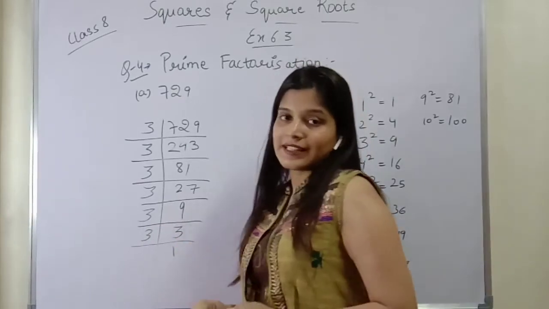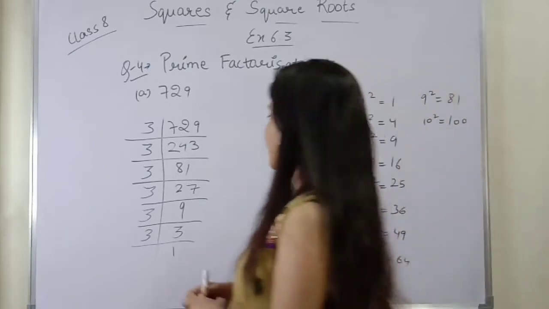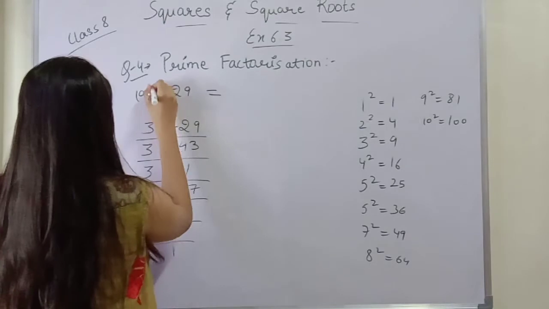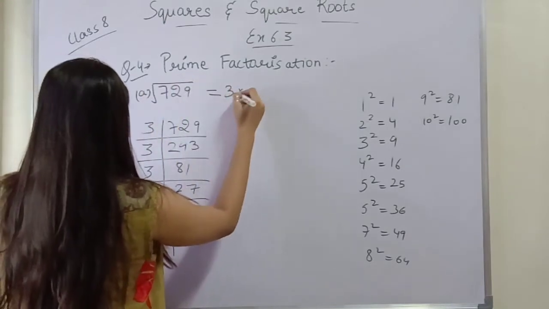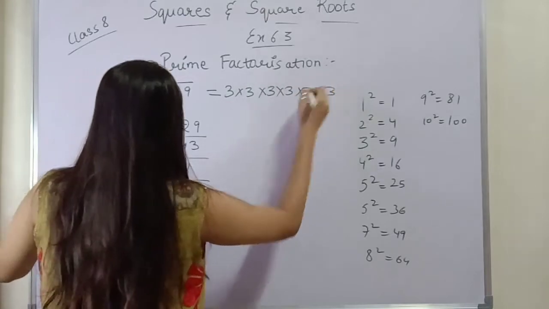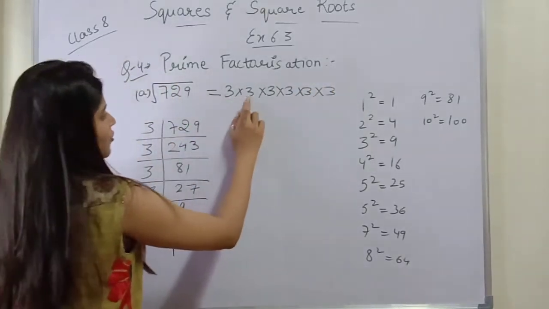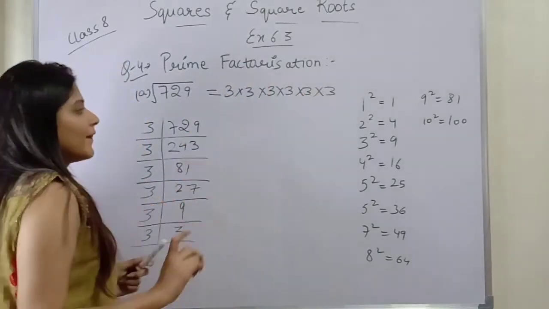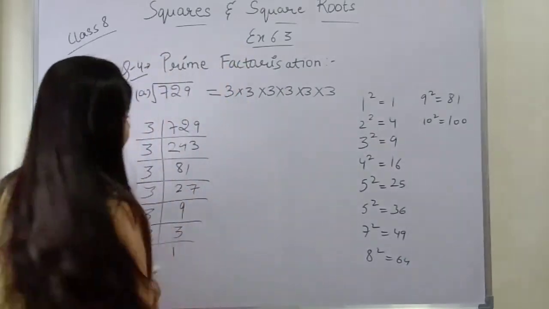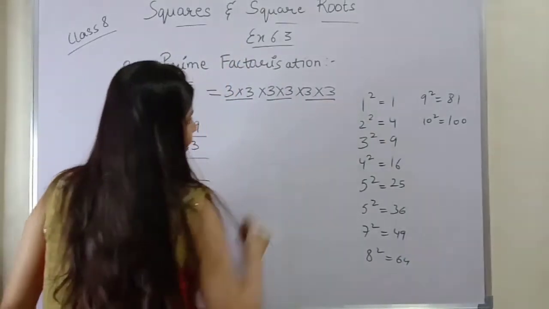Now our LCM is complete here. So now what we will do is we will write all these numbers: 3 into 3 into 3 into 3 into 3 into 3. 6 times, 1 2 3 4 5 6. Now our second step is to do pairing. अब हमें इनकी pairing करनी है. ये दोनों पेयर बन गए, ये दोनों पेयर बन गए और ये दोनों पेयर बन गए.